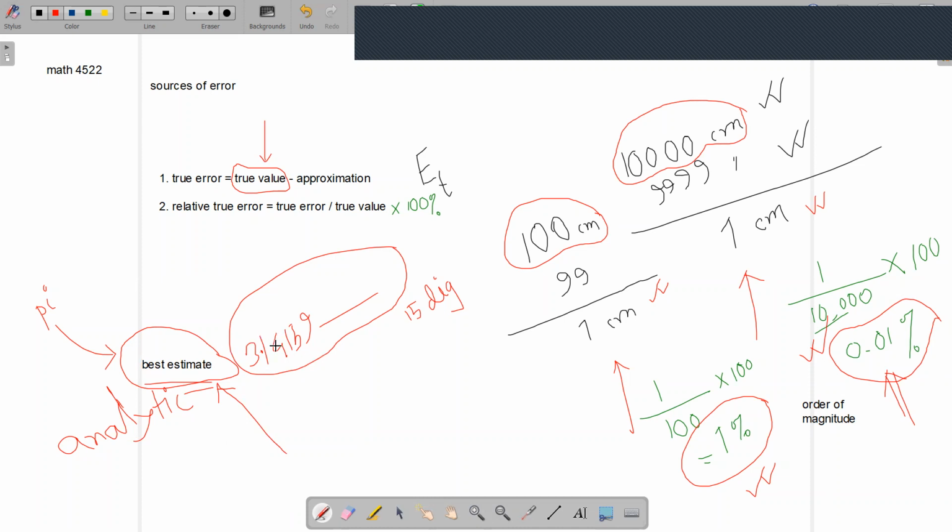For example, when I am calculating pi, if I make an approximation of 3.149, then the difference between these two is the true error, this whole 15 digits and this portion. You understand? In this lab, we'll see a little bit later how to calculate this true error.